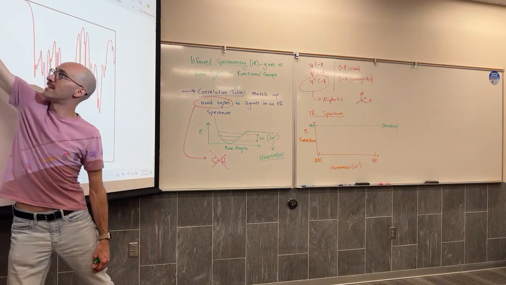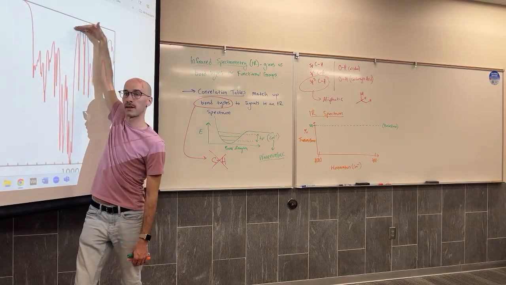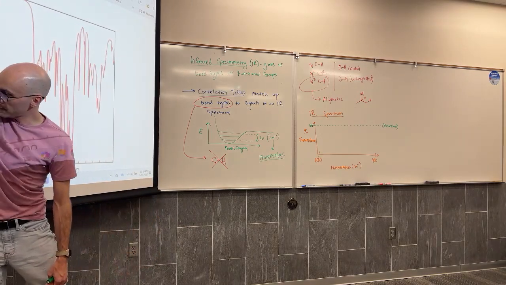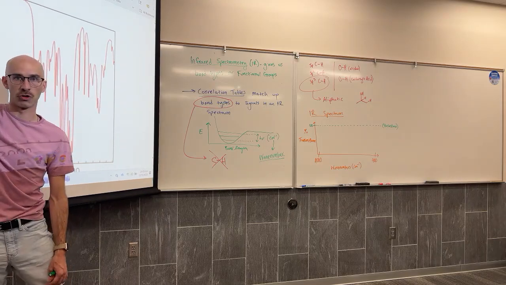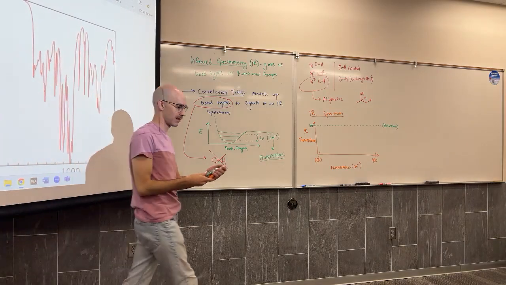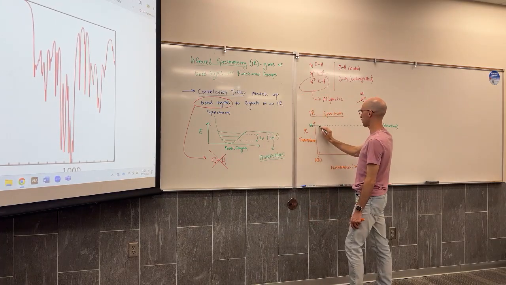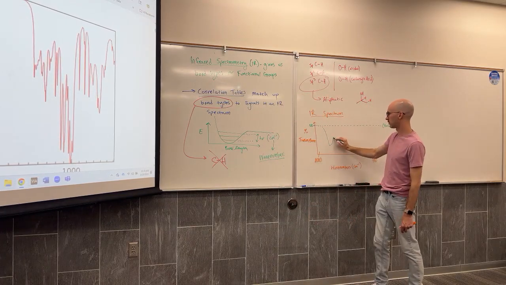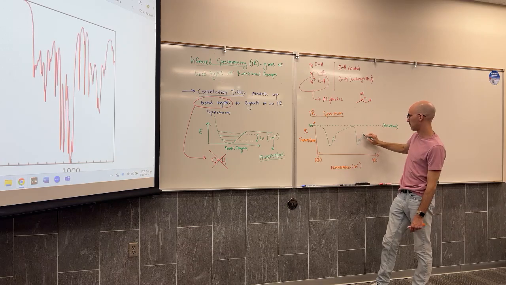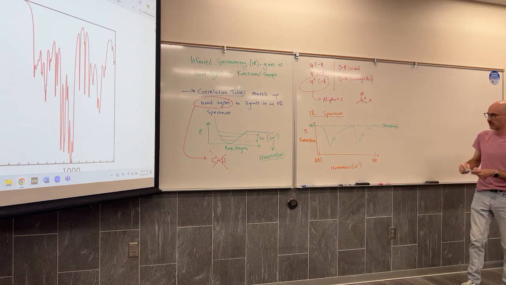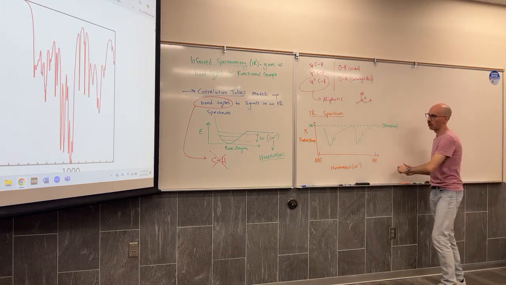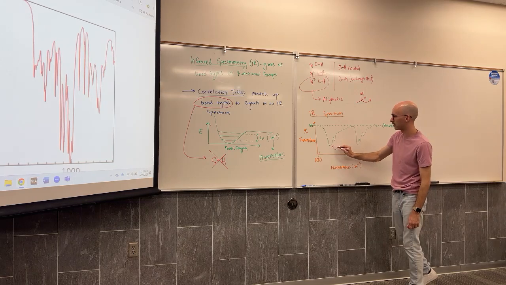This is light that is not being absorbed. This is light being transmitted. And this is light that is being absorbed. This is light that is not being transmitted. So my background absorption looks something like this. And these we're going to call absorption peaks.